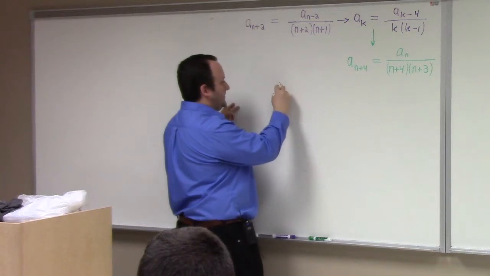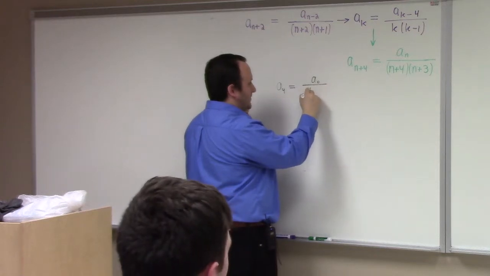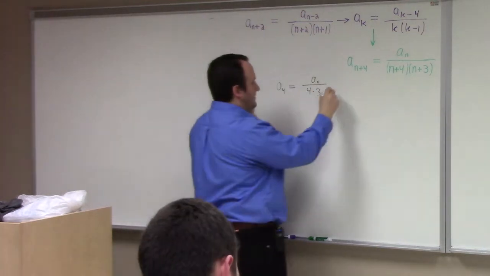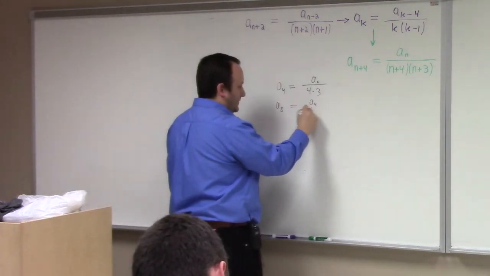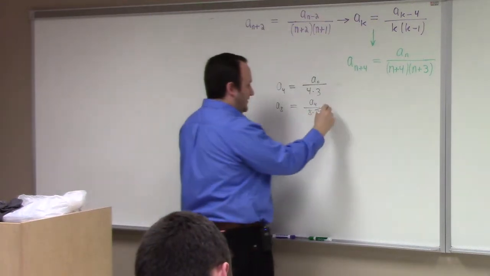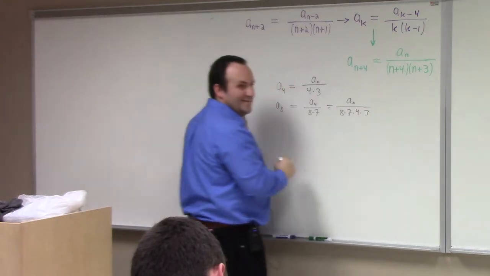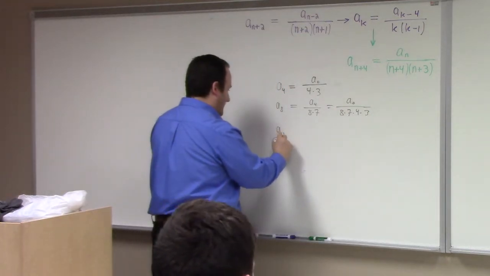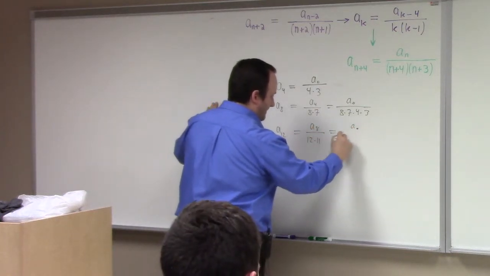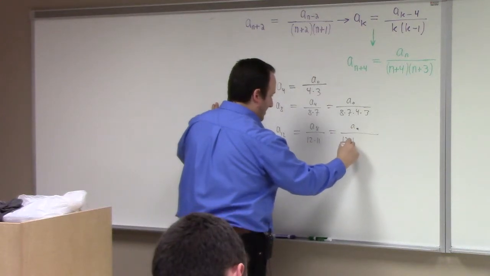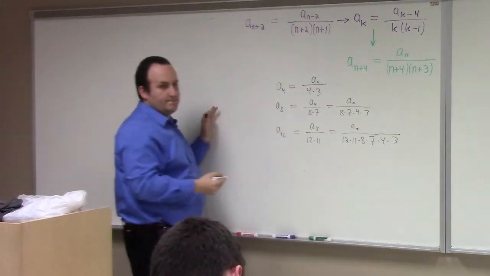So a sub 4 is equal to a sub 0 over 4 times 3, right? Which, of course, all right, what's a sub 8? A sub 4 over 8 times 7, right? Which, by the way, is a sub 0 over 8 times 7 times 4 times 3. What's a sub 12? Right?